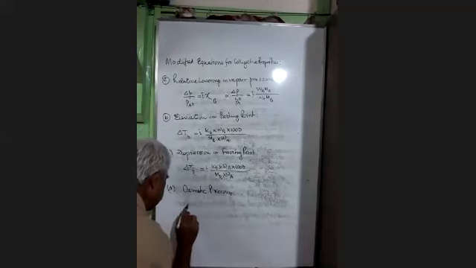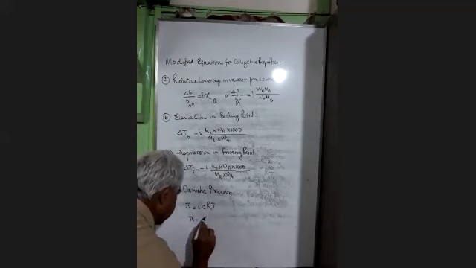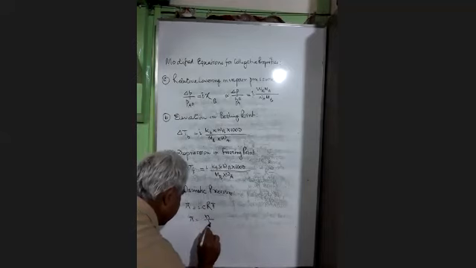So we know pi is equal to CRT. I'll put i here. We also know that pi is equal to what? n by V RT.